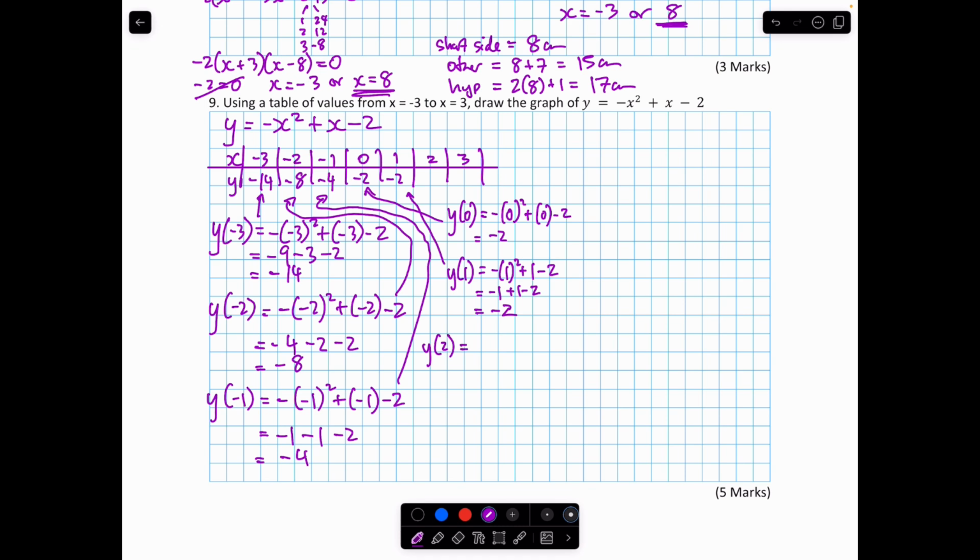Y when x is equal to 2: negative 2 squared plus 2, take 2. 4, negative of 4 is negative 4 plus 2, take 2. Negative 4 plus 2, that's going to be negative 4.